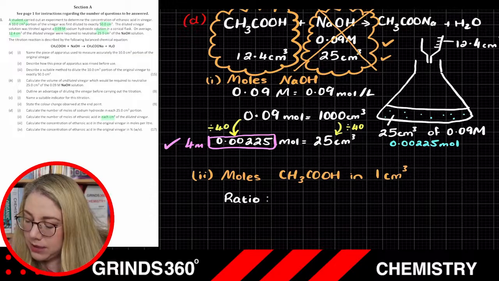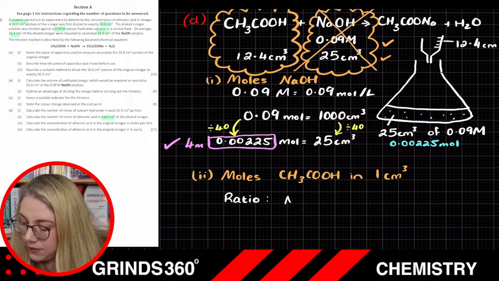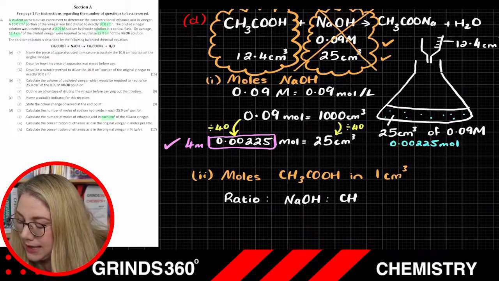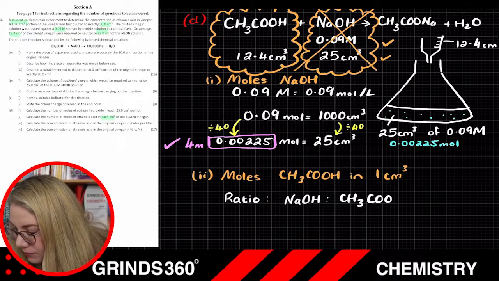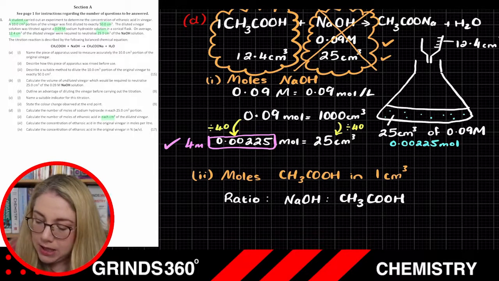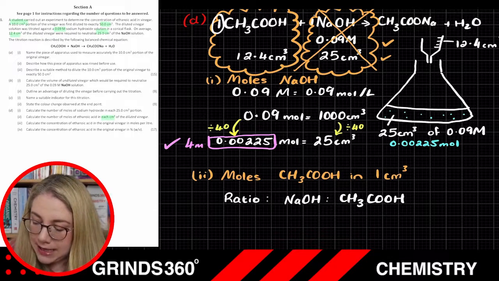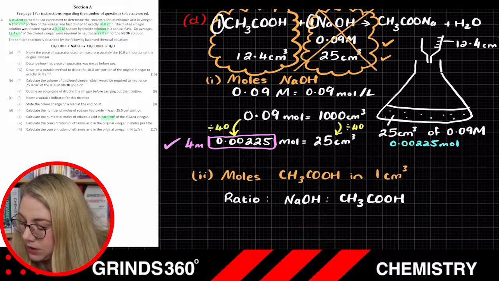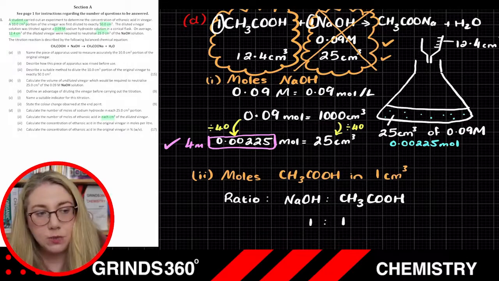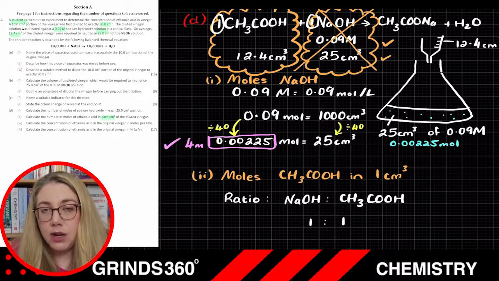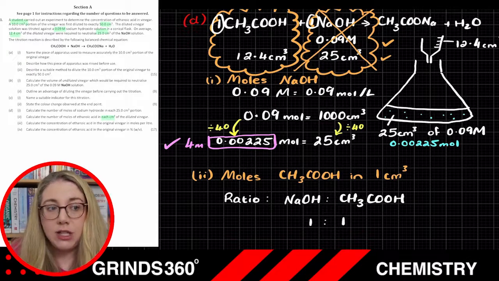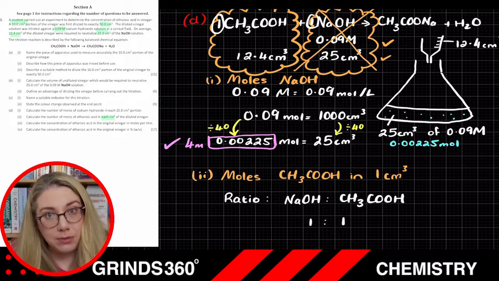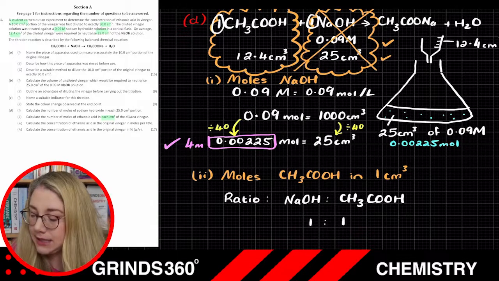So from the balanced equation, the ratio of the sodium hydroxide to the ethanoic acid is 1:1. There's a 1 in front of the ethanoic acid and a 1 in front of the sodium hydroxide. That's a 1:1 reaction. If you start with 1 mole of sodium hydroxide, you will need 1 mole, the same number of moles, of ethanoic acid.